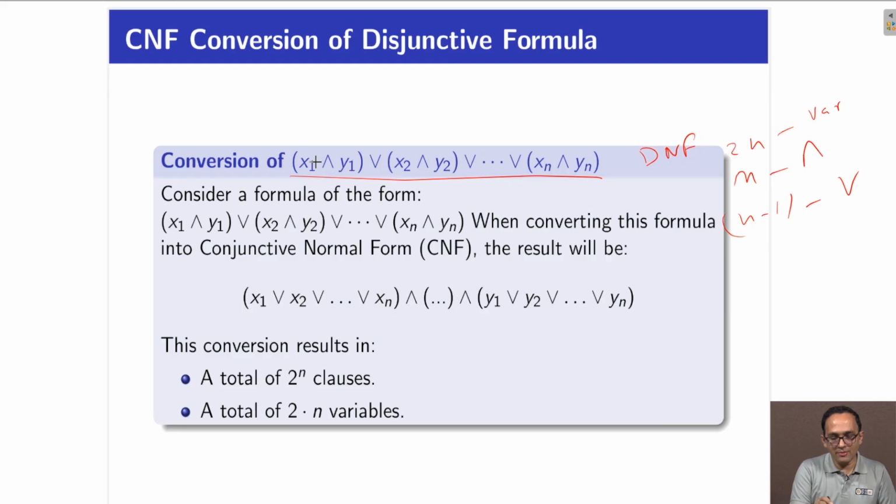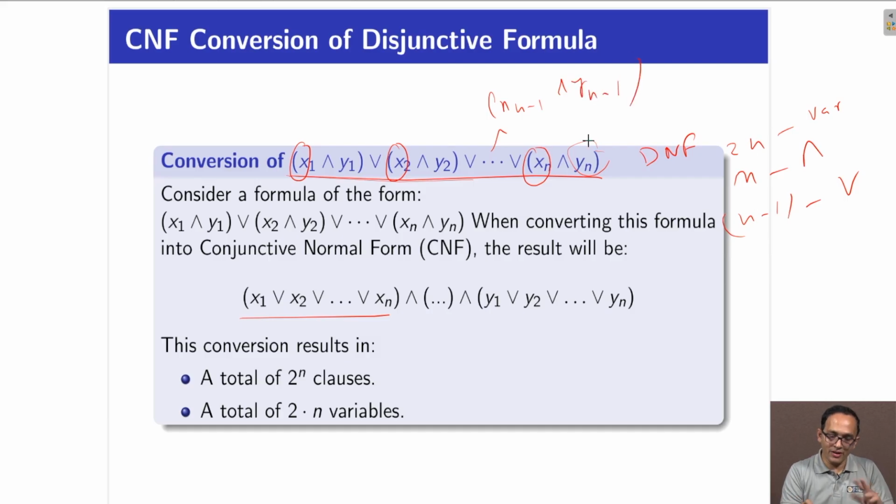So, how will the clauses come? So, x1, x2, then x3, then x1, xn. So, this will be clause 1. Then x1, x2, x3 and so on, and then I will take y1, yn, that will make clause 2. Similarly, everything will be the same for the previous column, which is say x n minus 1 and y n minus 1.